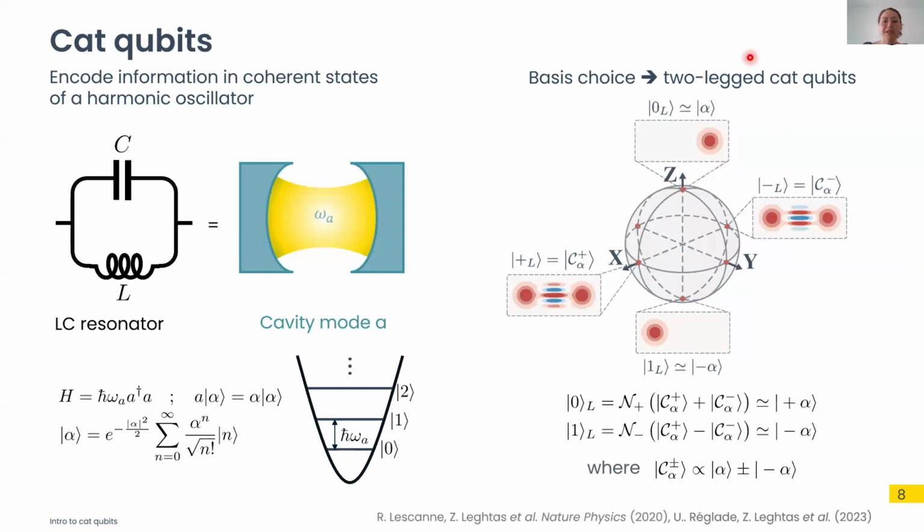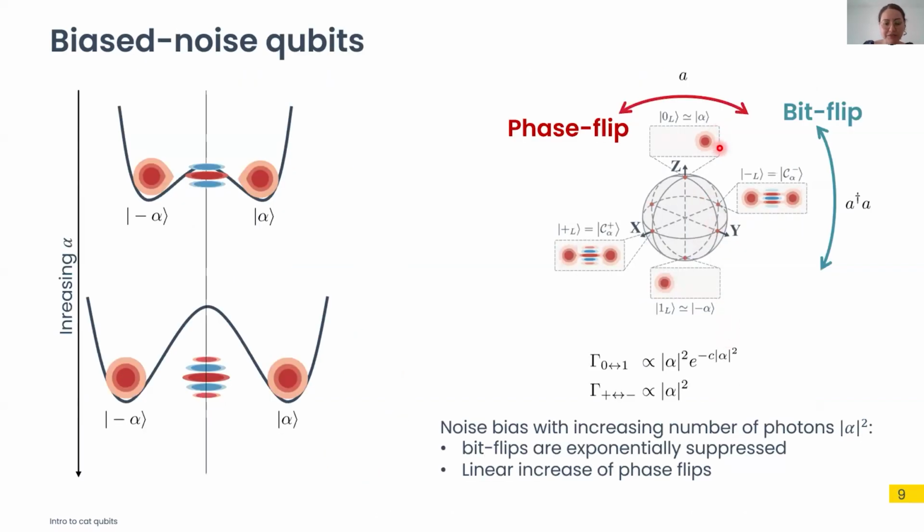And then we have this familiar picture of the Bloch sphere. And then the question we can ask ourselves is, why are we trying to encode things in this way? It is because, as I just said, in this phase-space picture, we have this bit flipping from alpha to minus alpha. And then you have the phase flip, which is flipping from plus logical to minus logical.